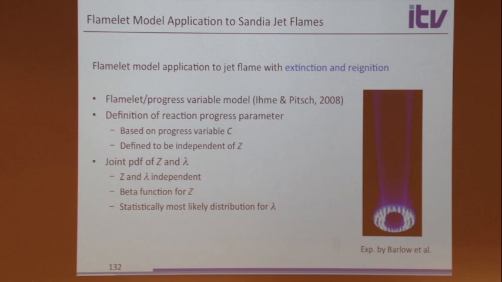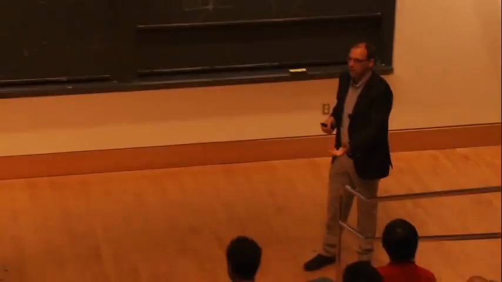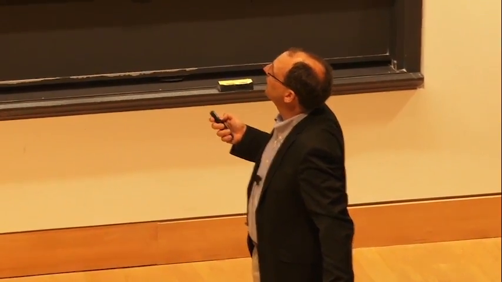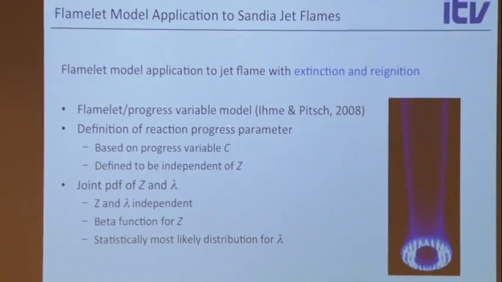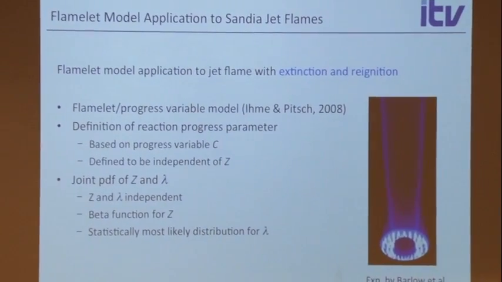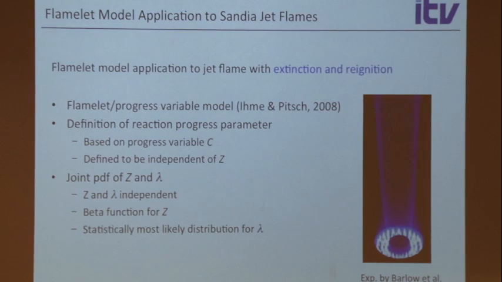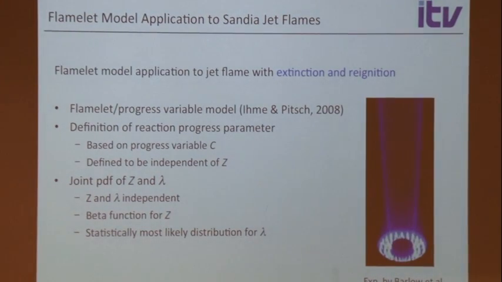For that we use a progress variable as a second parameter. Whenever you have local extinction, it should be low, and when you have no extinction, it should be high. We solve a transport equation for the progress variable, and now if the progress variable is a new parameter, then we also need the joint PDF of progress variable and mixture fraction.